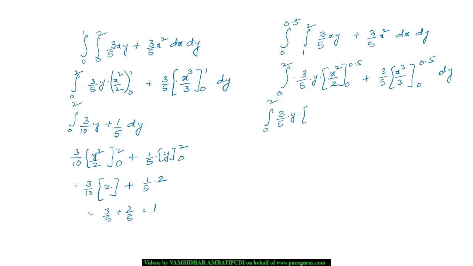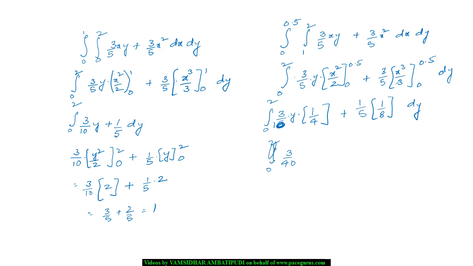So 0.5 if I take it as 1/2, or even this 2 I'll take out, making it 3/10 y, x², 0.5 squared, 0.25 or 1/4, plus this also I'll take out, making it 1/5 times x³, 1/8 dy. So this is being made as 3/40.